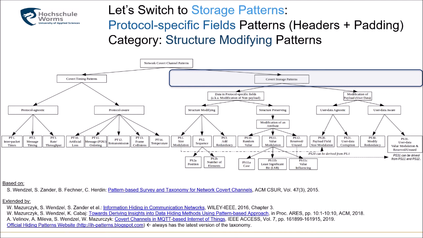Now let's switch to the covert storage patterns. Here we have two main areas. One is data that is protocol specific and one that is payload specific. Let's first look at the protocol specific ones, especially the structure modifying ones.